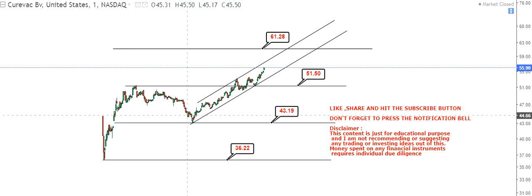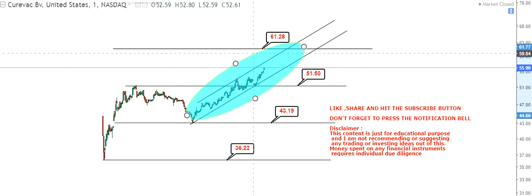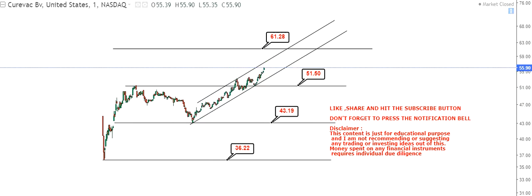Now, as I told you first, this is your current trend line, inside which the stock is trading. What could probably happen is that the stock can give a breakout from this trend line and directly touch this resistance line or target line of 61. The next scenario is the stock can go inside this range, inside this trend line, and hit 61.28.